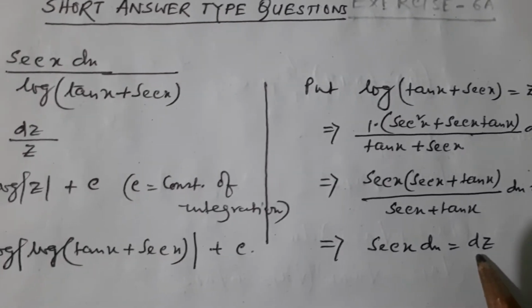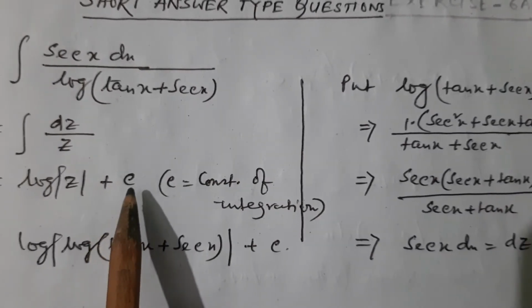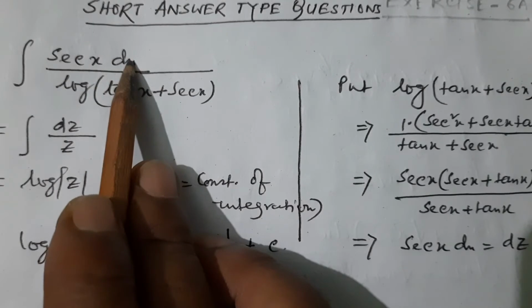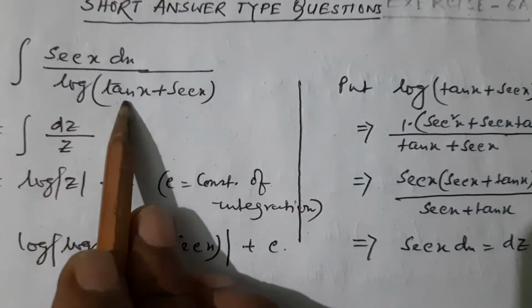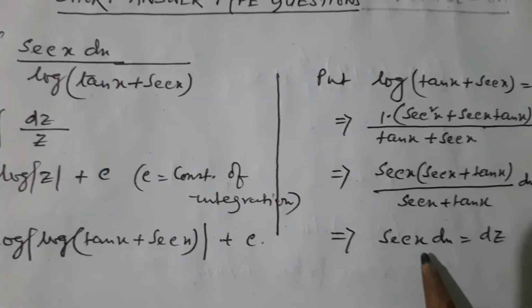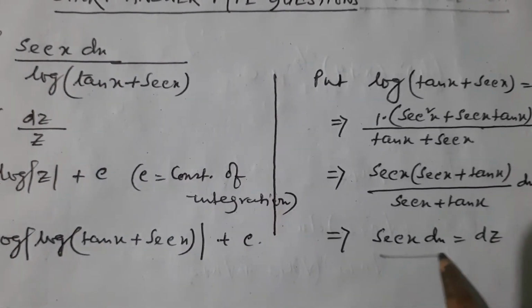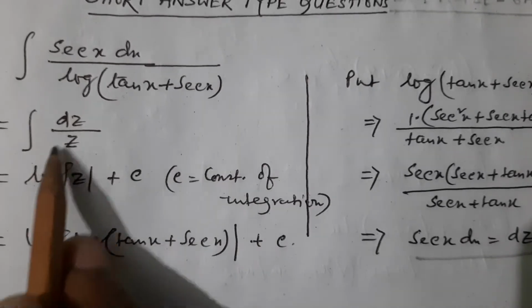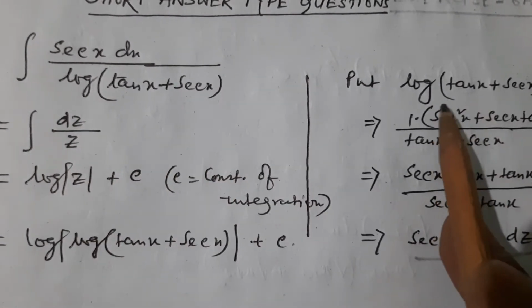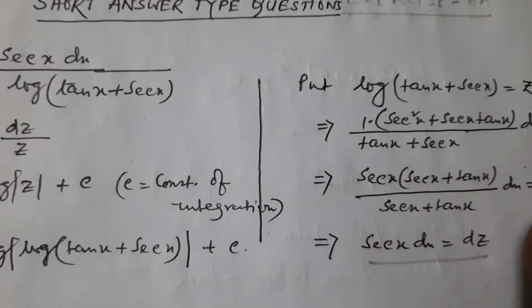So we see the given integrand, integration of sec x dx divided by log of tan x plus sec x. So sec x dx, we substitute these values, sec x dx equals dz, divided by log of tan x plus sec x, which equals z.